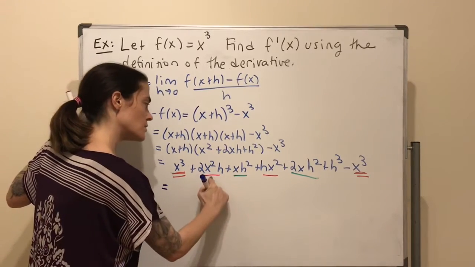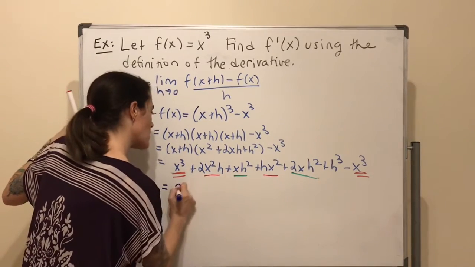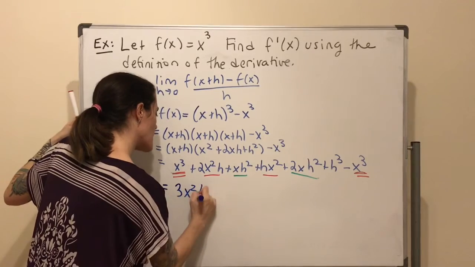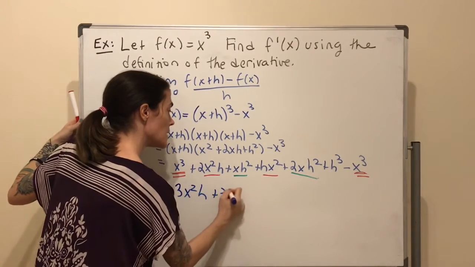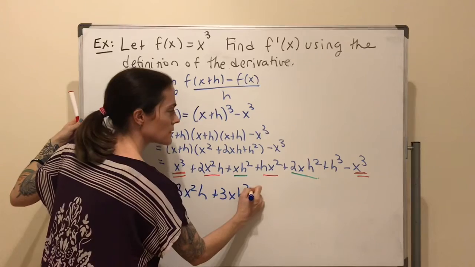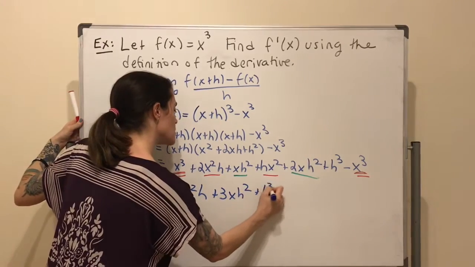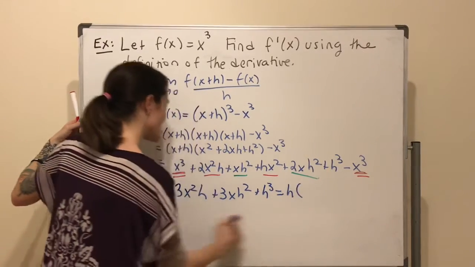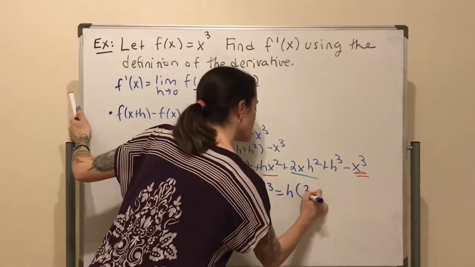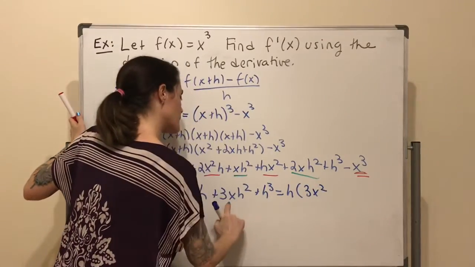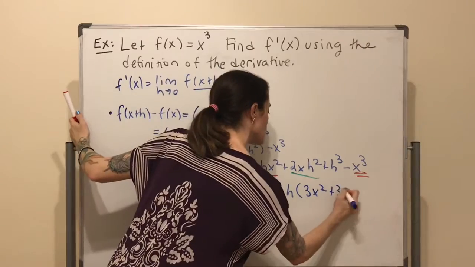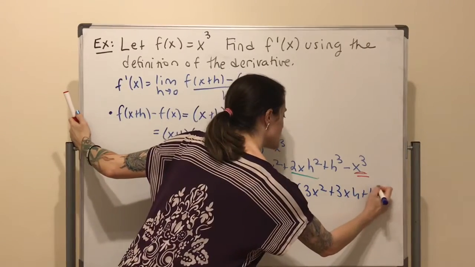We have 3x squared h plus 3xh squared plus h cubed, which is h times 3x squared plus 3xh plus h squared.